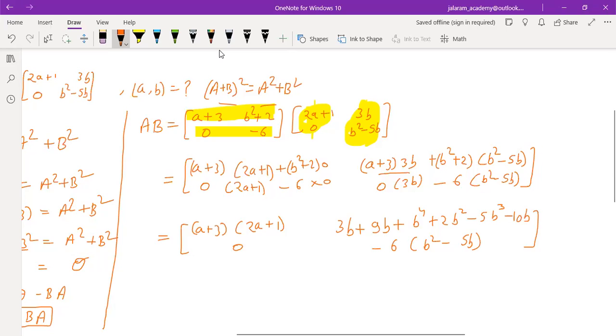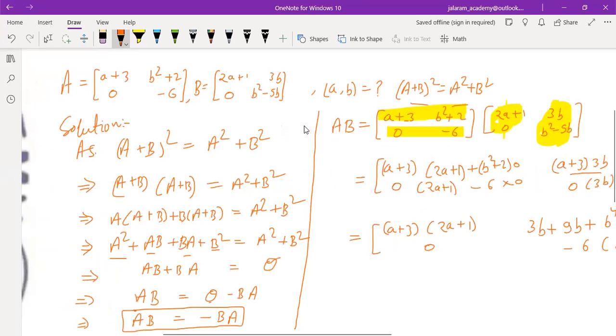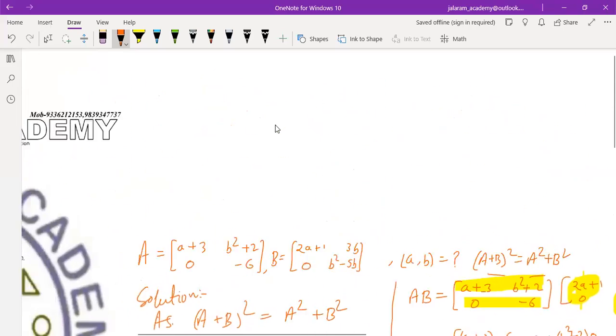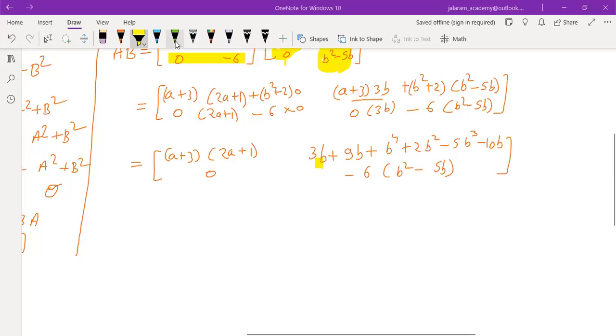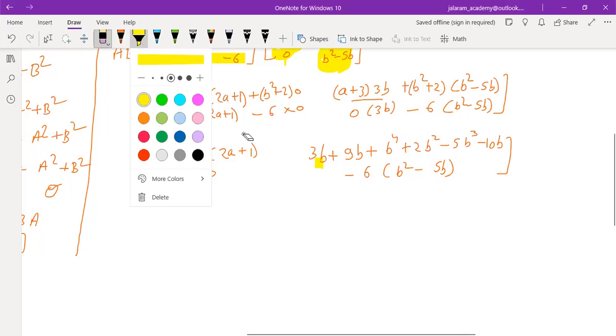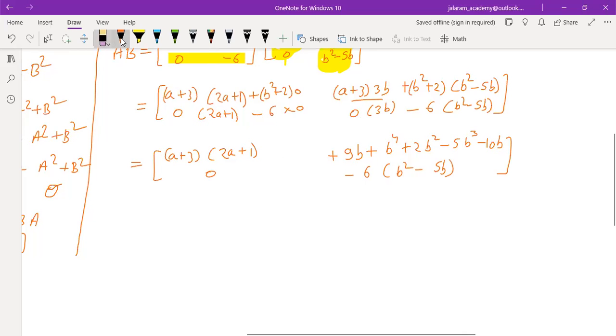So let's check once more. A plus 3 into 3B. So this term A into 3B is giving 3AB.